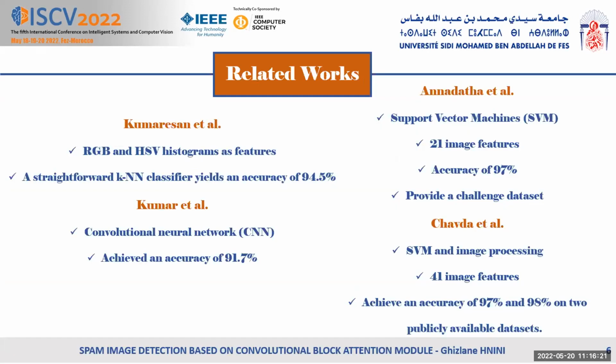Different works have been suggested in recent years to deal with the image spam phenomenon. In this section, we provide some recent ones. Kumari's work proposed a technique for detecting image spam based on color features and the KNN algorithm. In this research, a straightforward KNN classifier yields an accuracy of 94.5%.